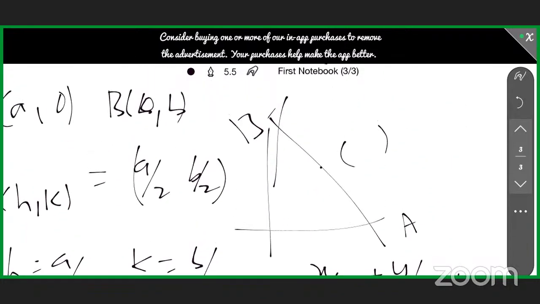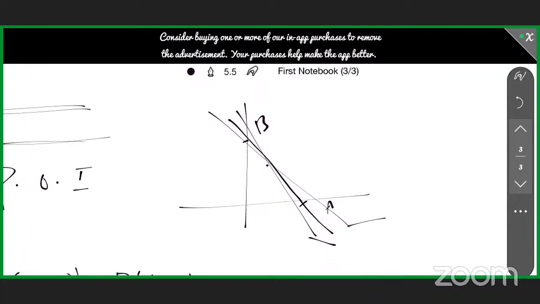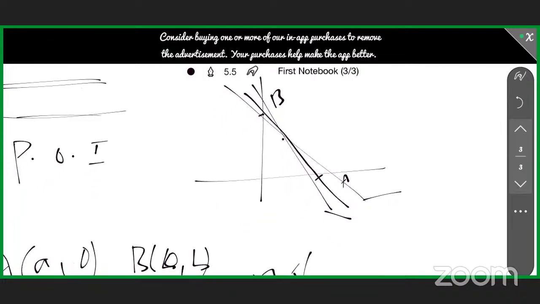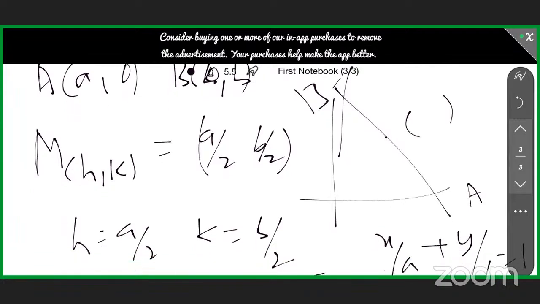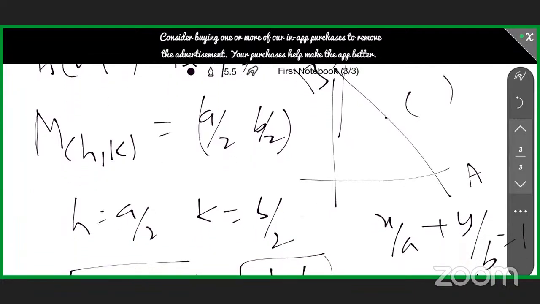So the question they're telling is that two lines are intersecting, and with the point of intersection of those two lines, they're getting one more line passing through it. So only with the help of these two lines, we found the point of intersection. And what they're telling is that for the line which is passing through the point of intersection, you have to find the midpoint locus of that line.